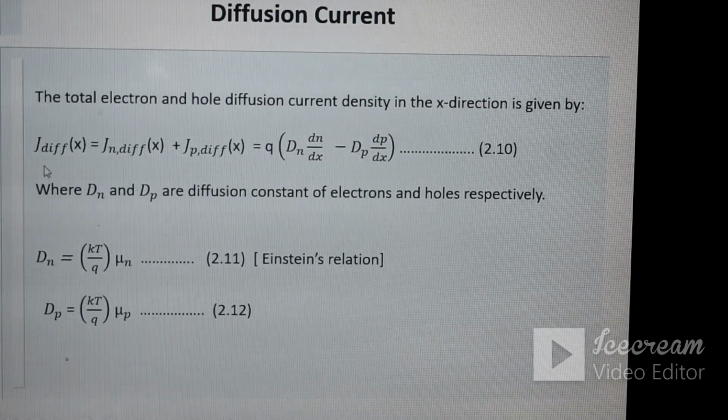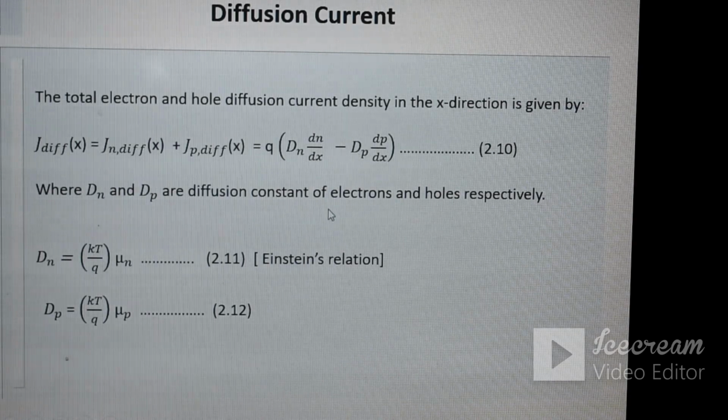That is, the total current density due to diffusion is equal to q into (Dn dn/dx minus Dp dp/dx), where Dn and Dp are the diffusion constants of electrons and holes respectively, given by Dn equals kT by q mu n, Dp equals kT by q mu p, which are known as Einstein's relations.